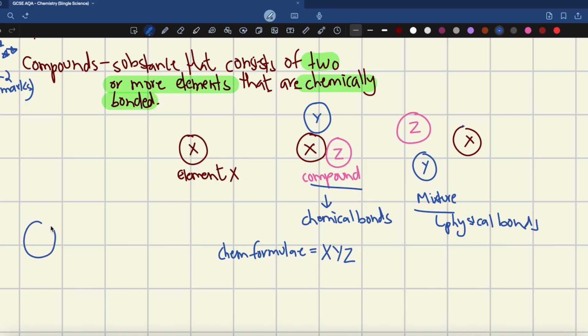Let's say in another situation, I had two atoms for element Z and 1 atom for element X. In this situation, your chemical formula would look something like Z2X.